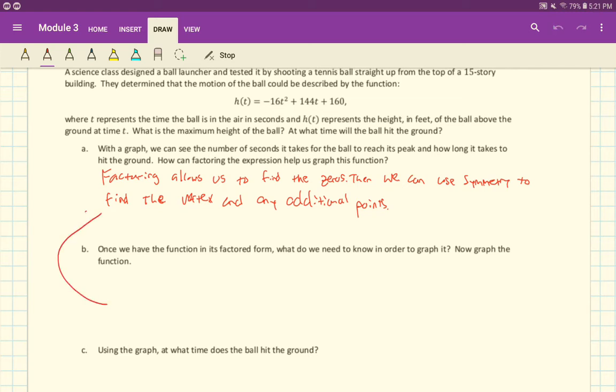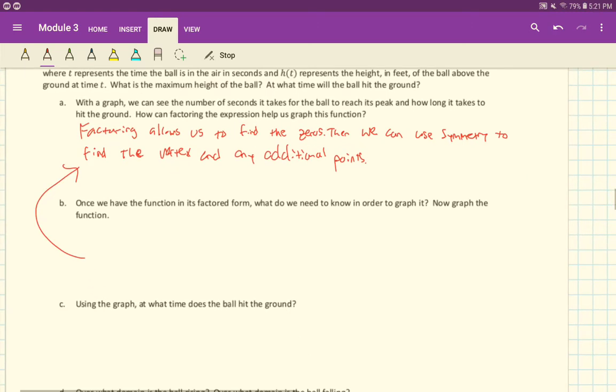Oh, and I guess we kind of answered that question right up here too. So we want to graph the function.